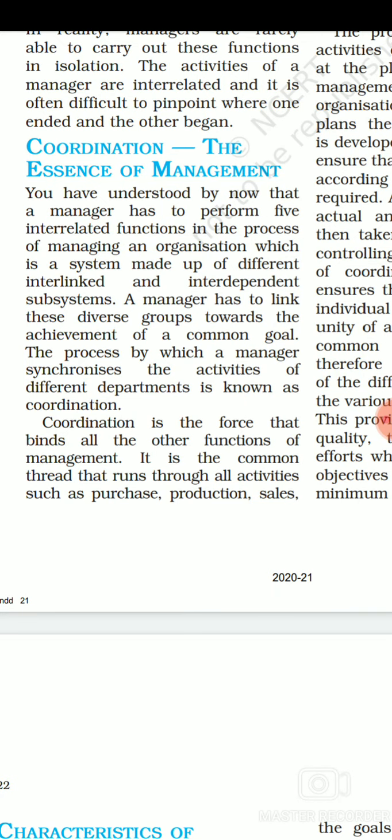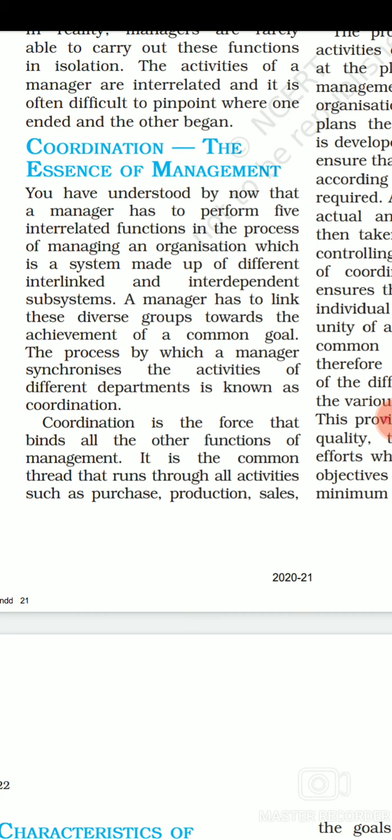Because coordination is a process by which a manager who is going through the 5 functions of management: planning, organizing, staffing, directing, controlling, tries to synchronize the activities of all the functions of management or all the different departments so that the common objective of the business can be achieved.